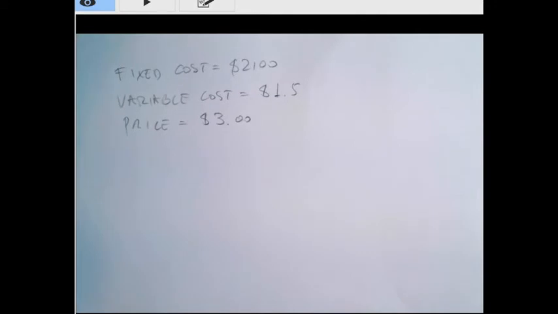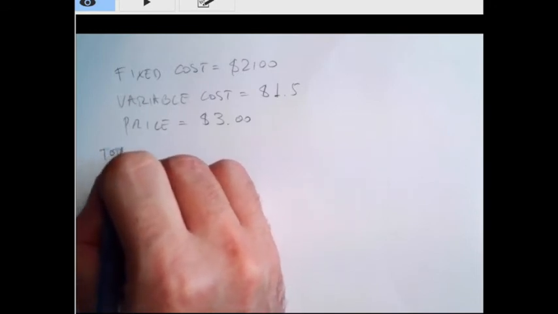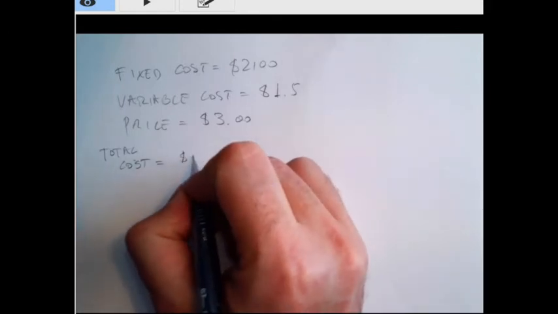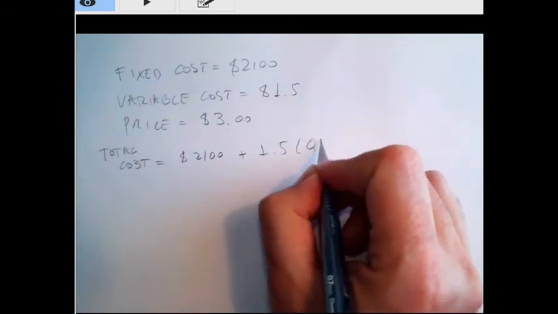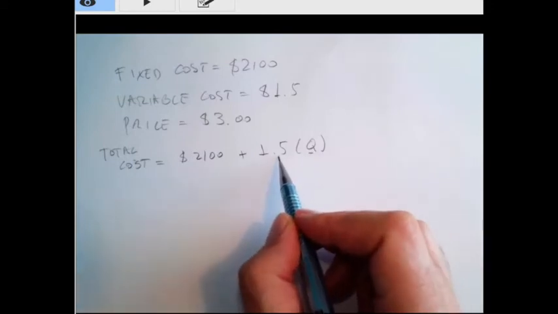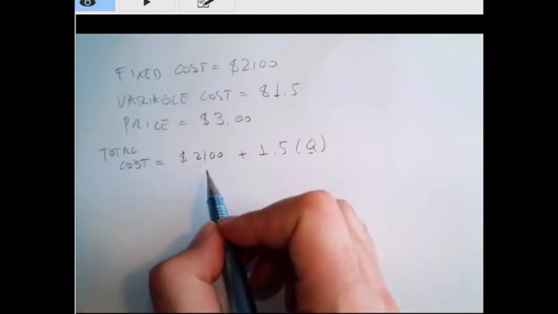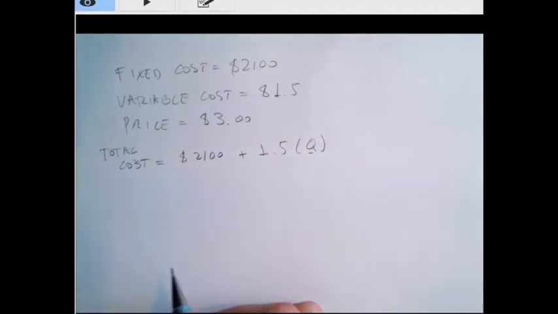If we want to calculate just the total cost, let's say the cost of selling 1,000 tacos, it's going to be fixed cost plus 1.5 times whatever quantity you want to put here. So if it's 1,000, 1.5 times 1,000 is 1,500, plus 2,100 is going to be 3,600, right? So this is the total cost formula.